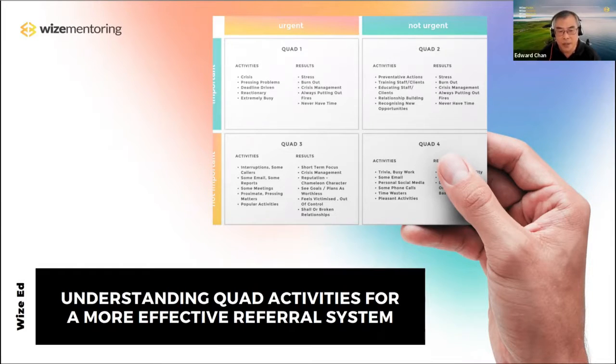And look, it's not easy, I know. I still have that trouble with my own senior client managers. They still want to jump in there in quad 1, and they won't spend the time training their staff. I admit it's not an easy thing, but you've got to lead this. Without leadership from your side, it won't happen.